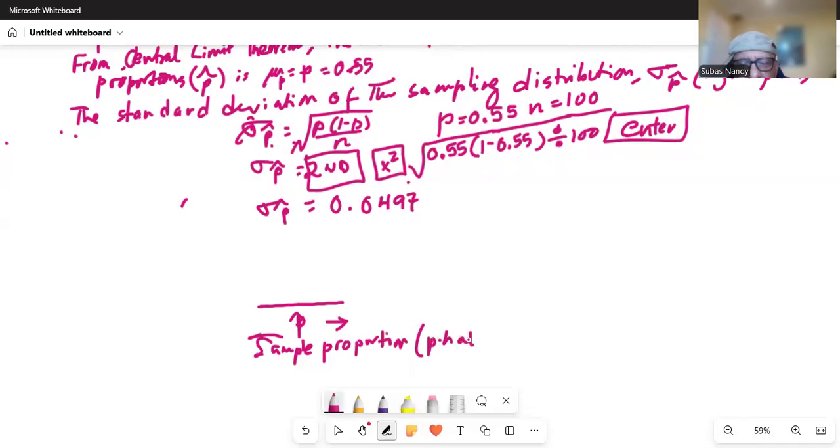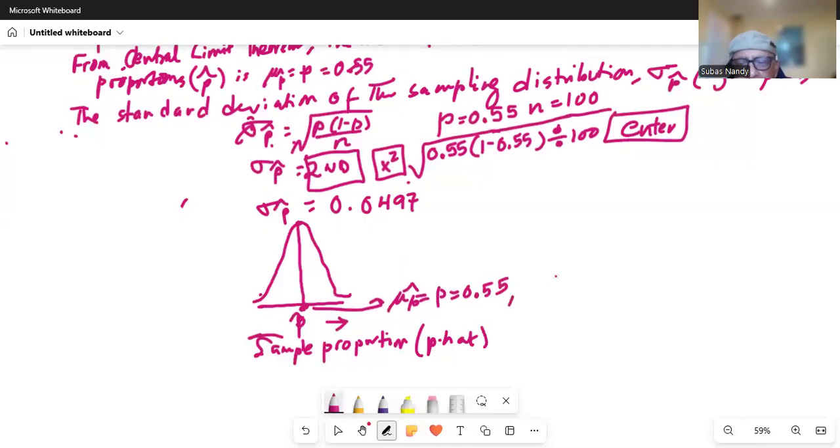It's a bell-shaped curve, a normal distribution. The center, where the peak is the highest, is mu p hat, and we know this is equal to p, which is 0.55.